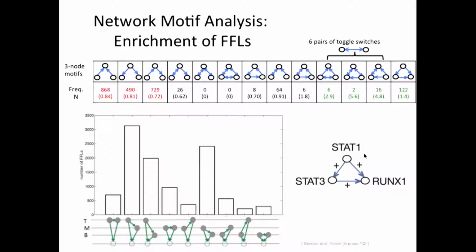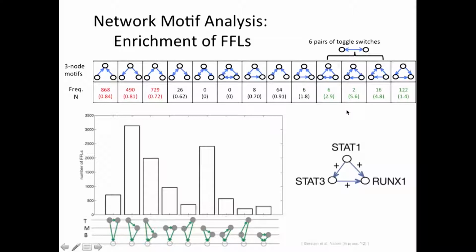One of the things that's interesting in this picture is that there's a tremendous enrichment. The number shown here tells you how enriched they are, and there's a tremendous enrichment for these feed-forward loops.